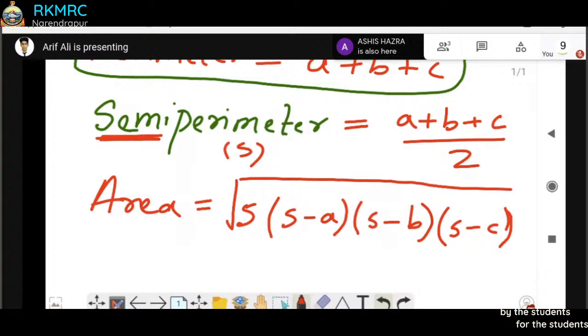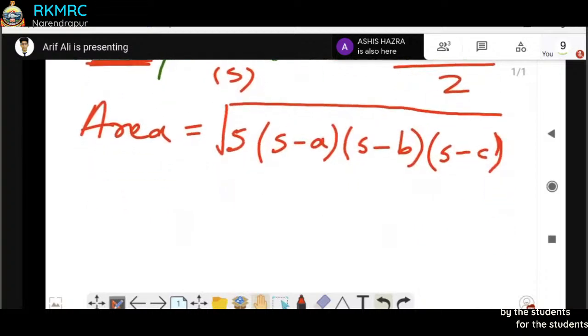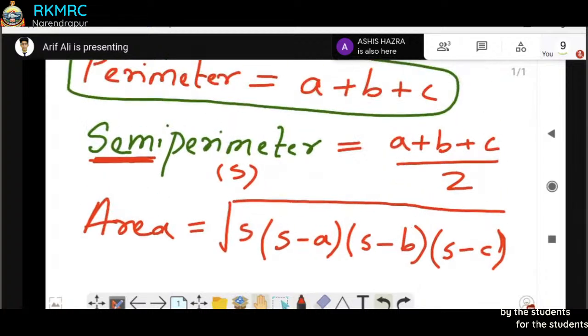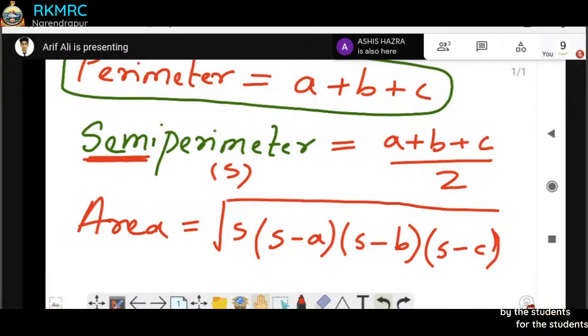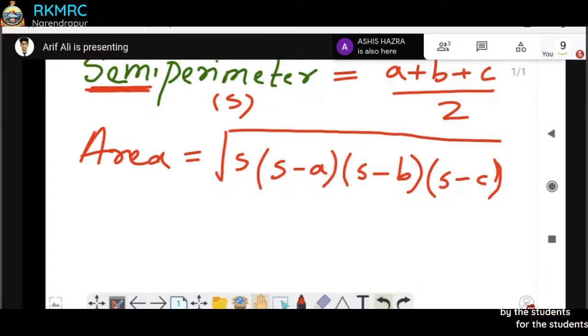You can rearrange it, it will be the same. This is not 5, this is your s, s for semi-perimeter. I've written in bracket s for semi-perimeter. Don't get confused that this is 5.